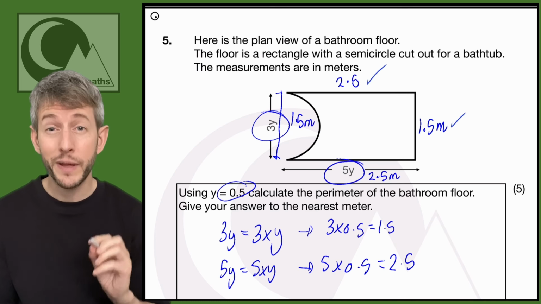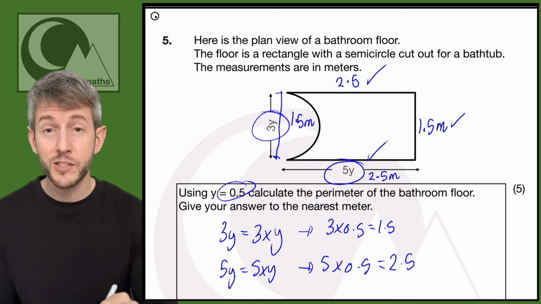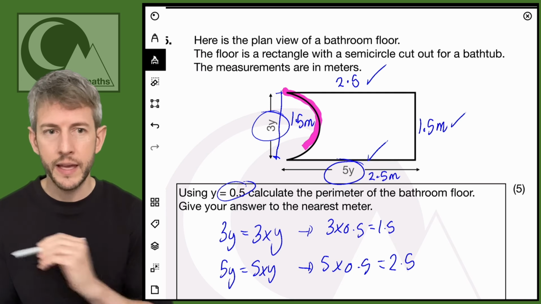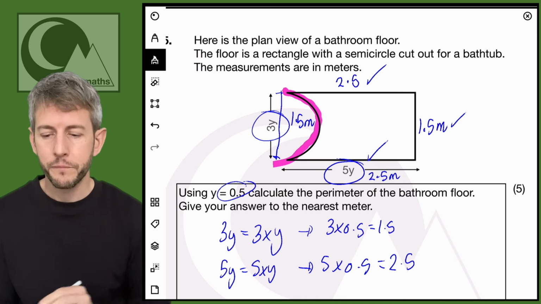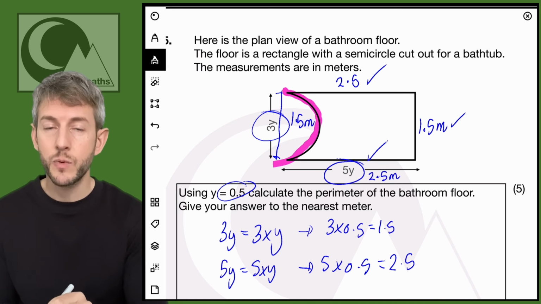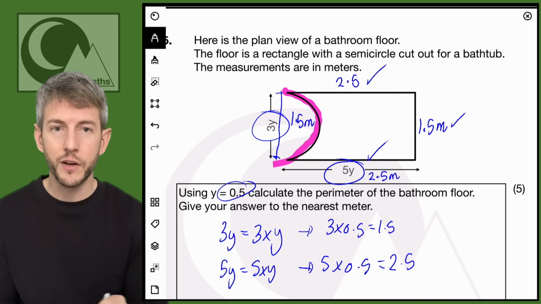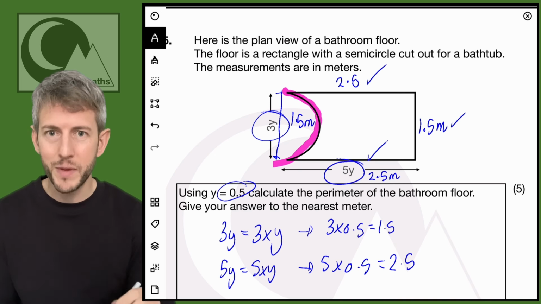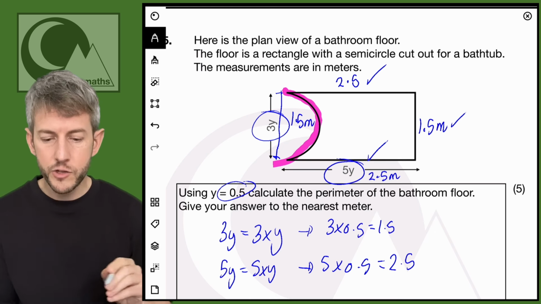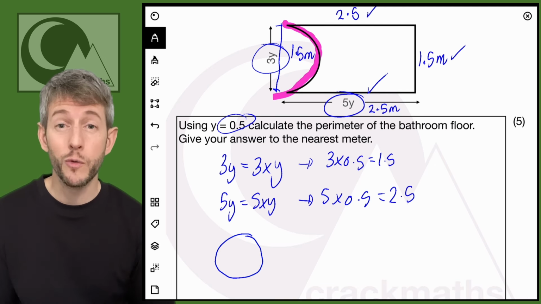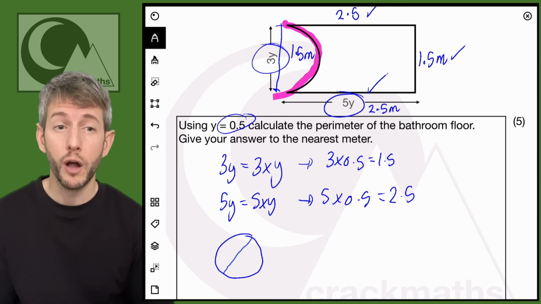The main thing that we have left is this circular bit. So we need to work out this bit here, okay? Now, the way that we're going to do that is we're going to need to find out the circumference of the circle that this is a semicircle of, okay? So I'm going to draw a circle as if that was the whole circle, and I can see here that we've got this diameter of 1.5.